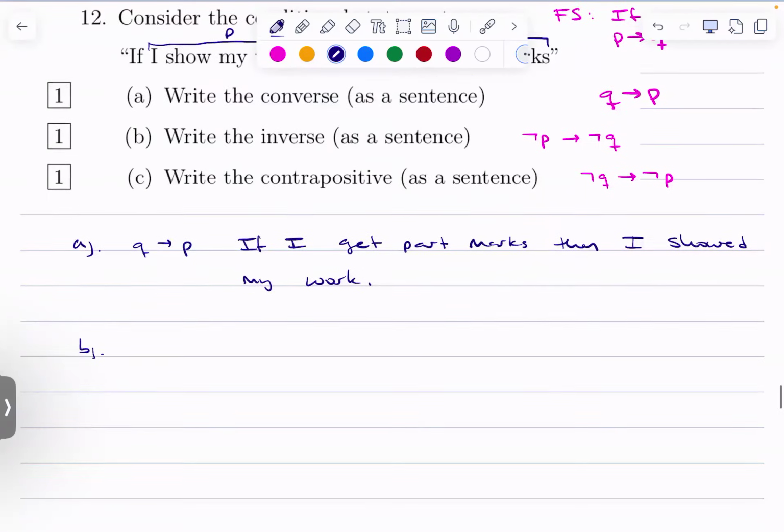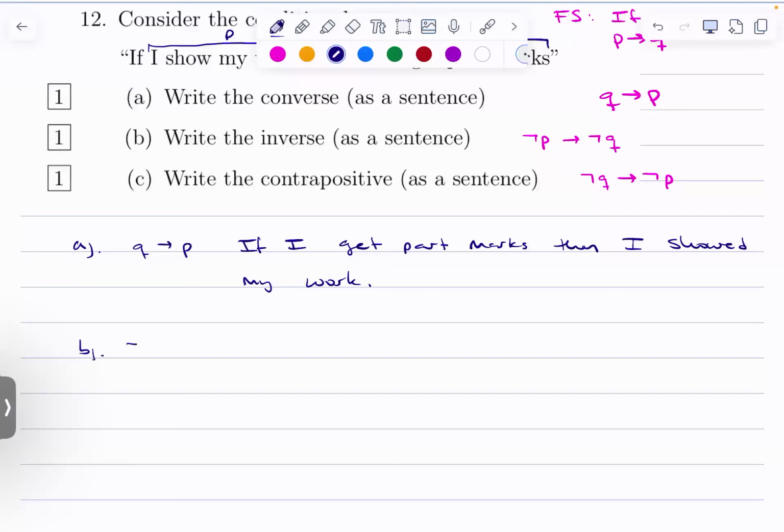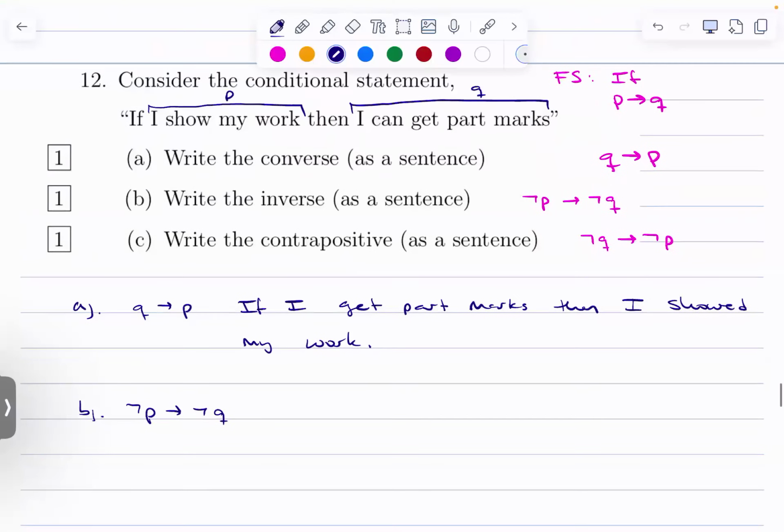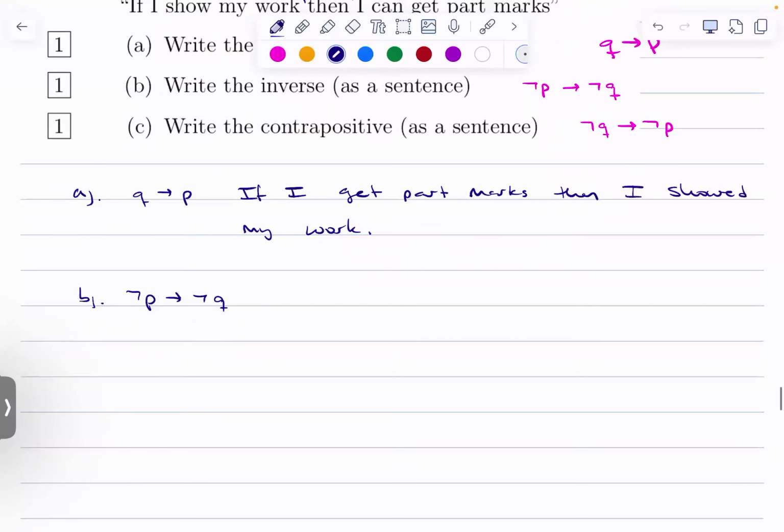The inverse, not P, then not Q. If I don't show my work, then I can't get part marks.